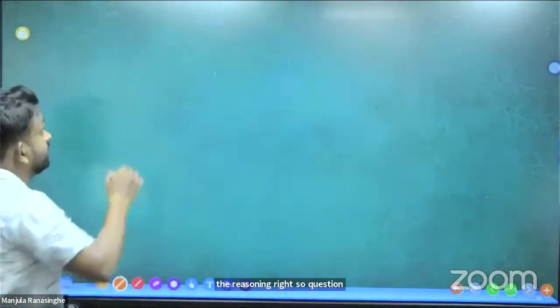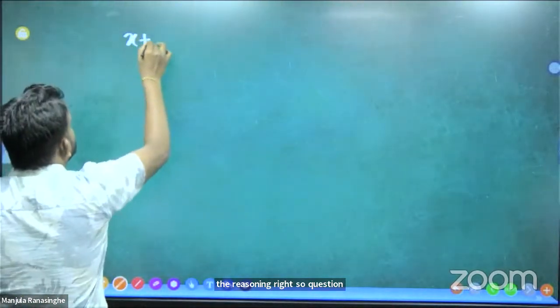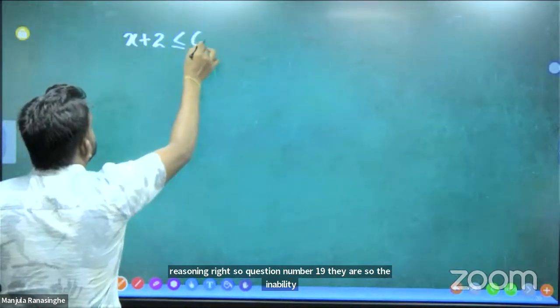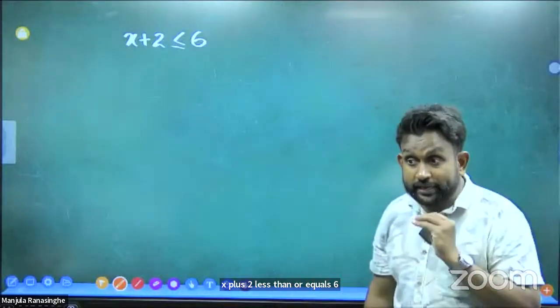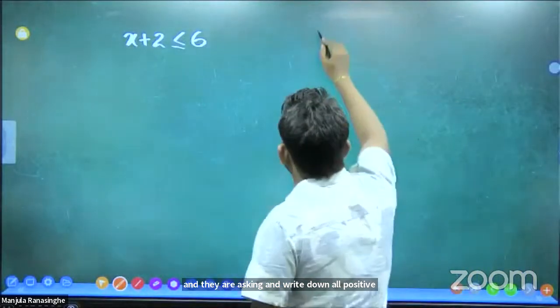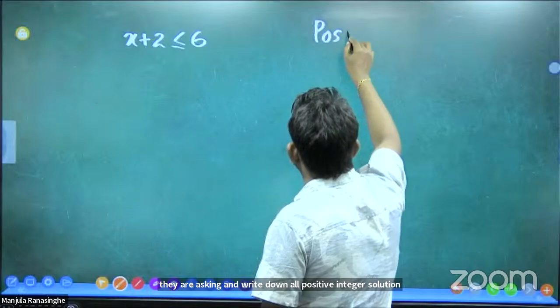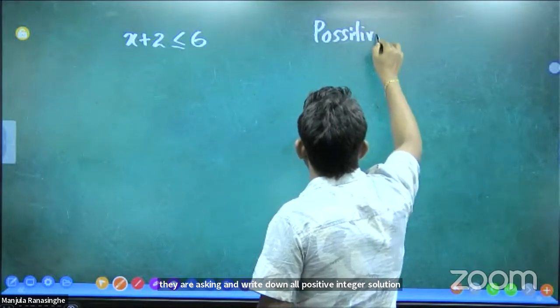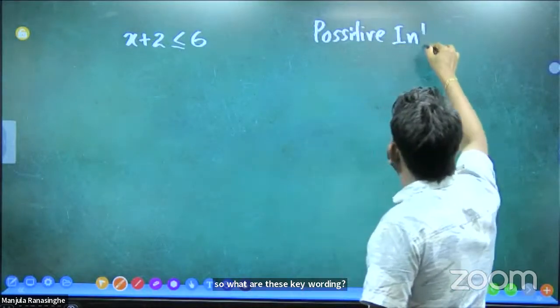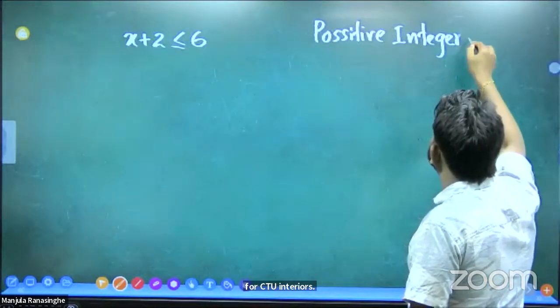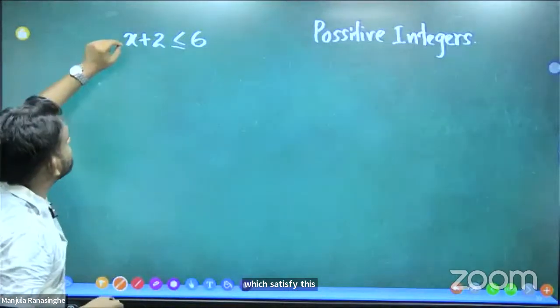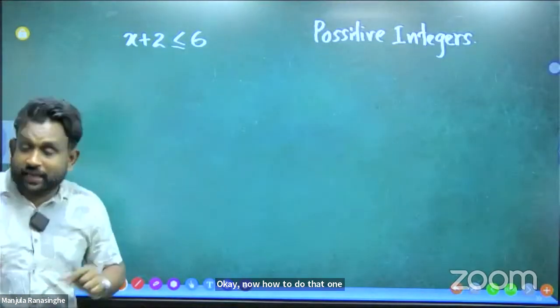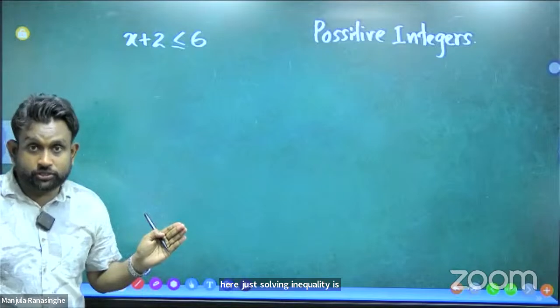Solve the inequality x plus 2 less than or equal to 6. And they are asking to write down all positive integer solutions. So, what are these key words? Positive integers which satisfy this. Okay, now how to do that one? Here, solving an inequality is like solving an equation, right?